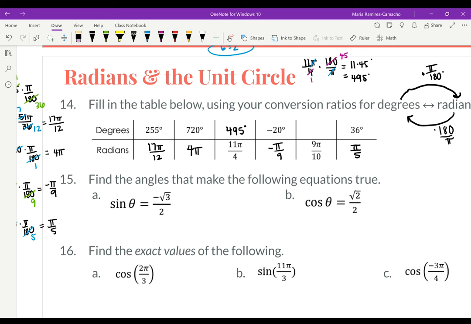Okay, and I'm gonna erase this over here just to have some more room to work. The last conversion we're gonna do is 9 pi over 10. 9 pi over 10 times 180 over pi.